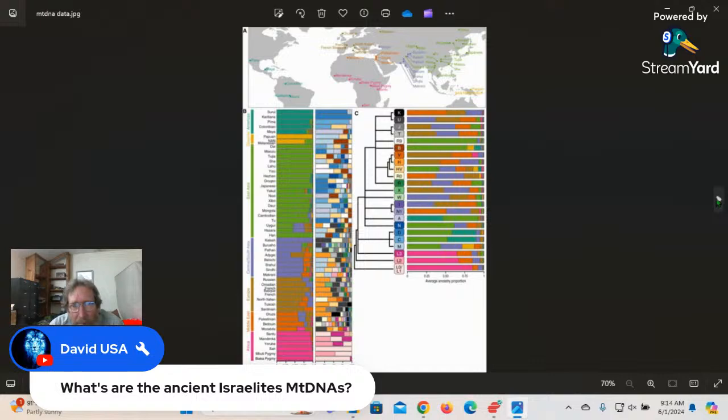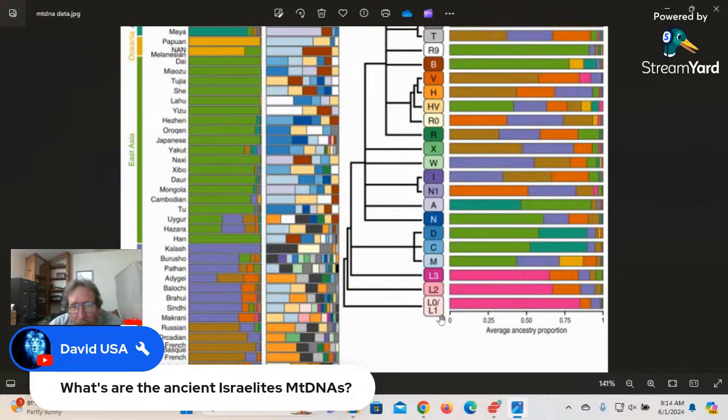Okay, what's this? This is mitochondrial. This might show it a little bit. Yeah, this is mtDNA. Again, there's the L1, 2, and 3. And then it's the M, C, D, G, and then which is missing some haplotype.